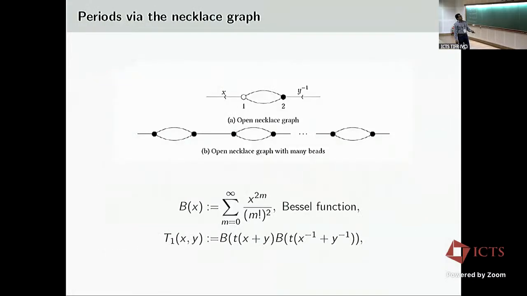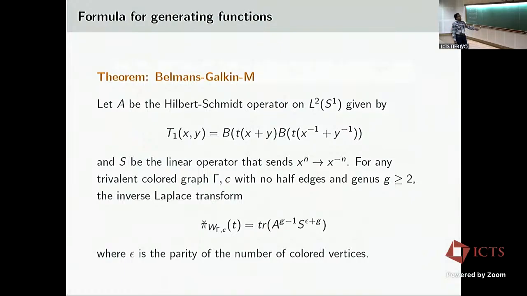Okay, so this is what we prove. If you take this necklace graph, which is a genus g graph with a very inductive structure, and then you consider this Bessel function, and then this function T1, which is just a modification of the Bessel function, this is the theorem that we prove: if you look at the Hilbert-Schmidt operator given by this, it is a Hilbert-Schmidt operator in the L2 of S1.